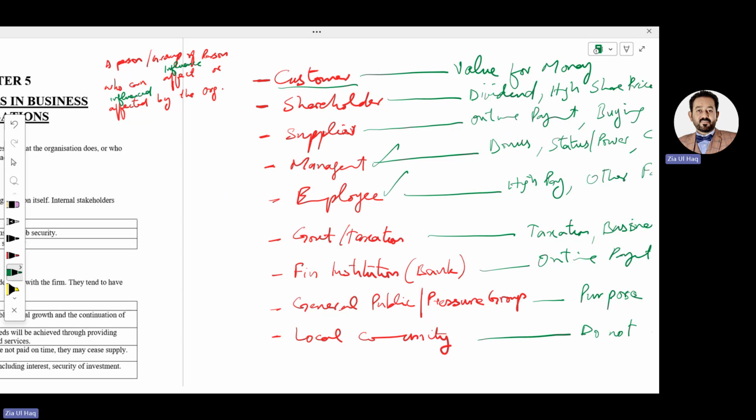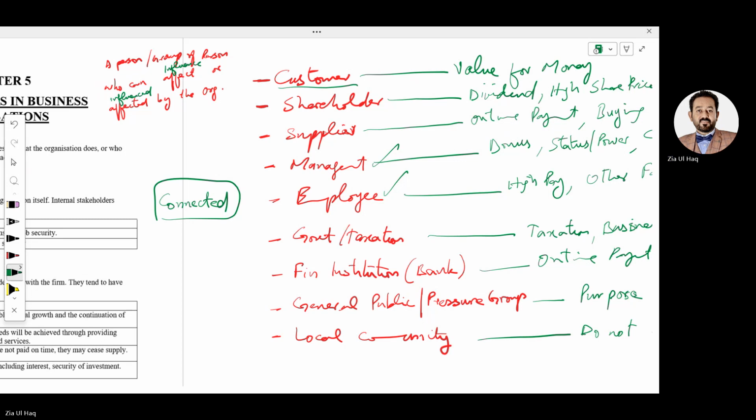Others are external. Those who are inside the business are internal. Those who are outside the business are called external. There could be some stakeholders called connected stakeholders. Who are connected stakeholders? They are external rather than internal, but they are influencing decision making of the organization.